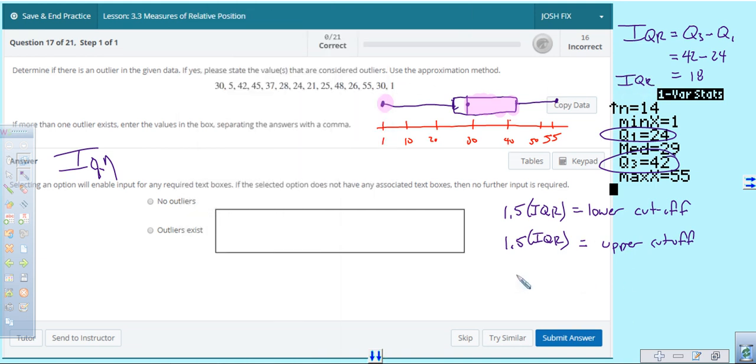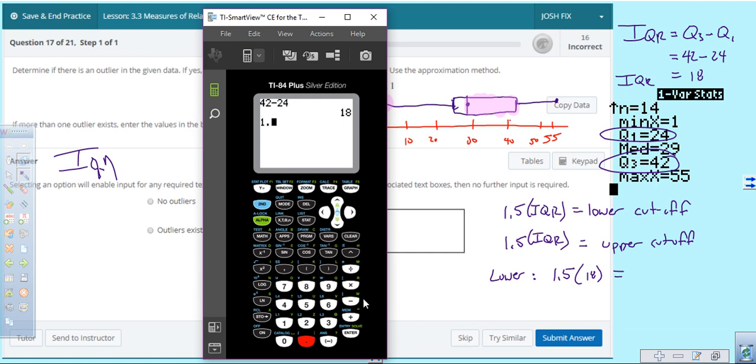Now to find the cutoff, I take 1.5 times my interquartile range, which is 18, and that will give me a data value. 1.5 times 18 gives me 27.